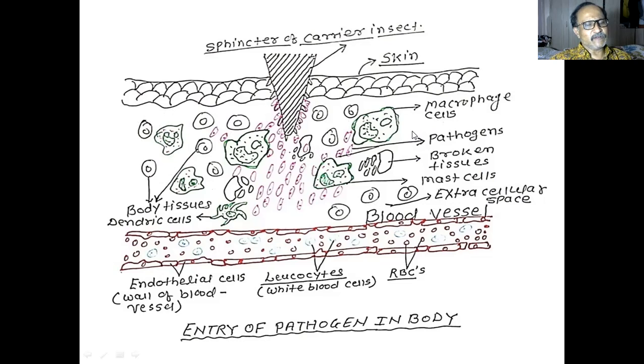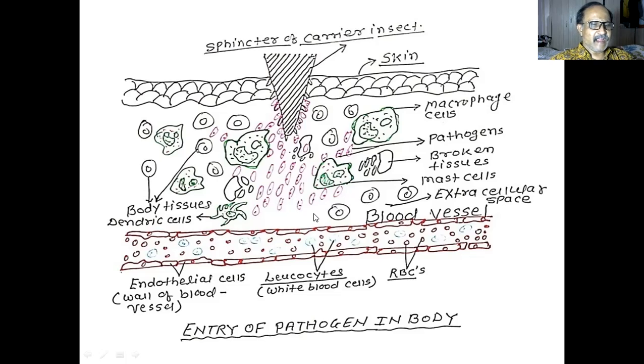Then what is extracellular fluid? This extracellular fluid contains carbohydrates, proteins, fats, various enzymes, various hormones, and various nutrient materials. Through this extracellular fluid, these nutrients are supplied to the body cells.